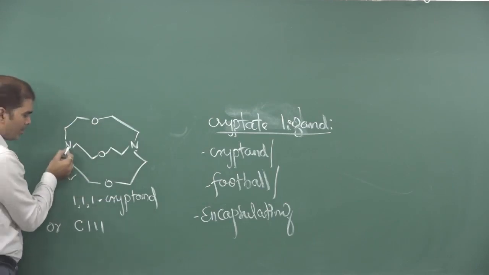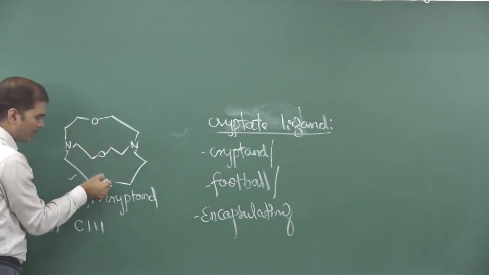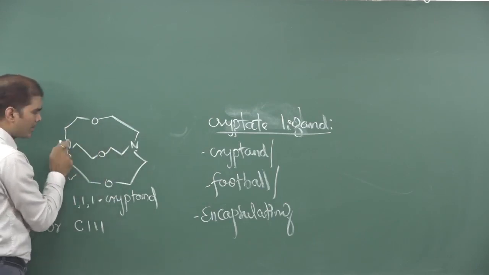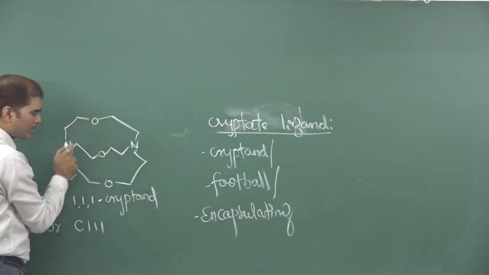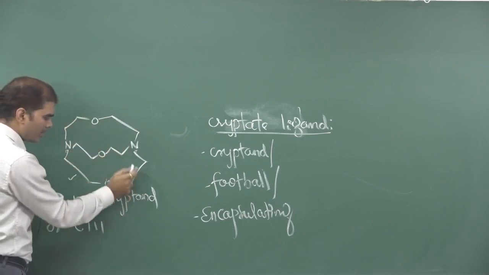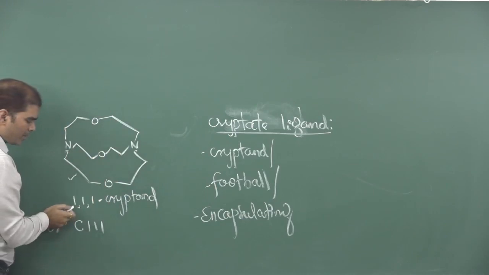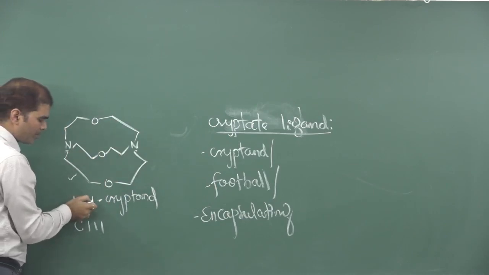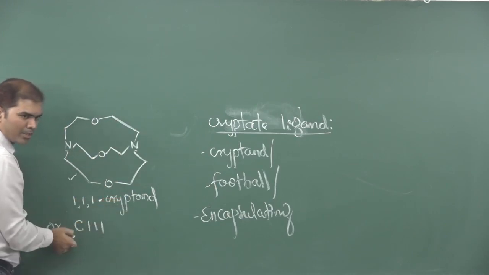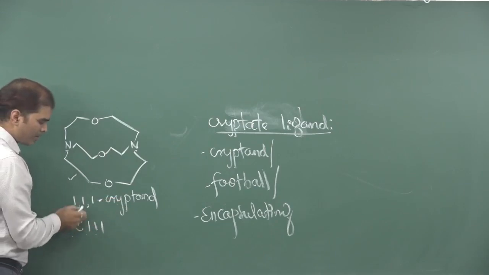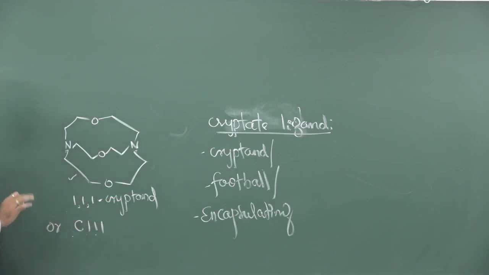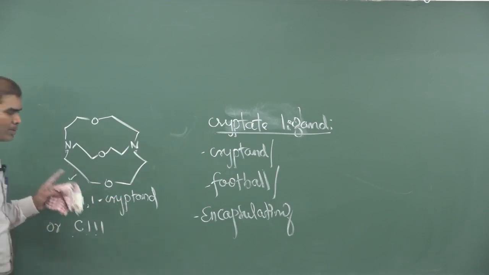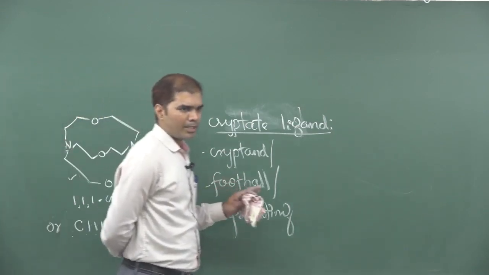Whatever oxygens that are present in between the nitrogens, that must be counted. In this, there is one. Here there is one. Here also there is one. Therefore, we simply call it 1, 1, 1 cryptand, or simply C111, where C represents a cryptand. I can call it 111 cryptand or C111. There is also 222, 322, 333.